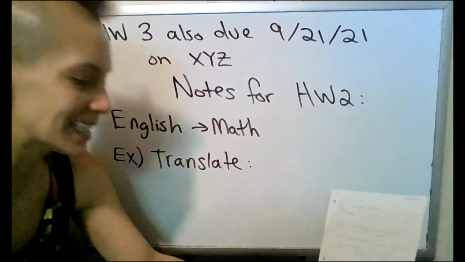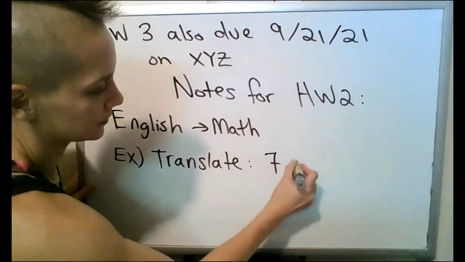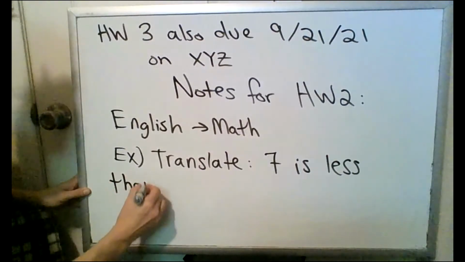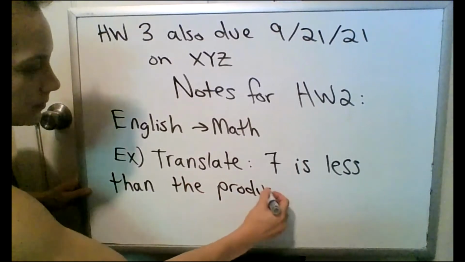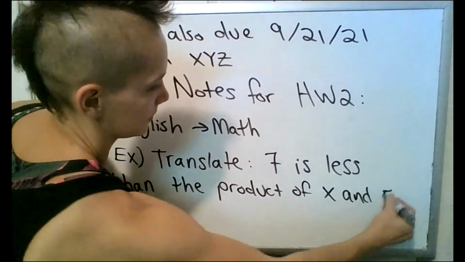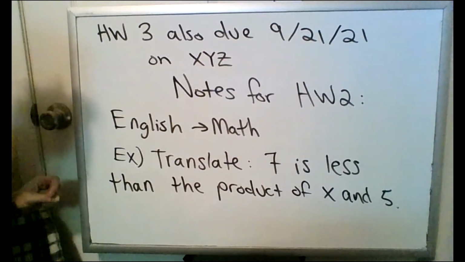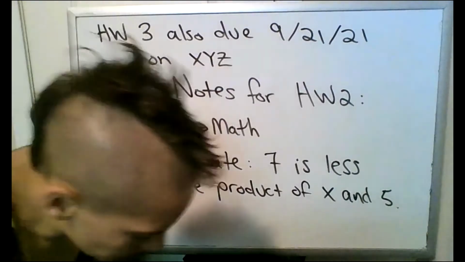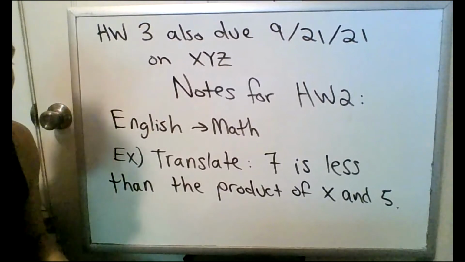Cool. 7 is less than the product of x and 5. Okay, so the product is going to be multiplication.